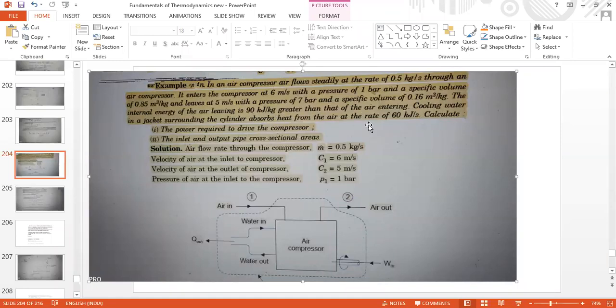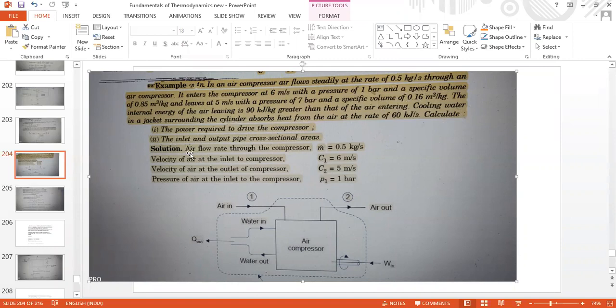And cooling water in a jacket surrounding the cylinder absorbs heat from the air at the rate of 60 kilojoule per second. That means the compressor is rejecting heat, and that is absorbed by cooling water. So heat rejection is 60 kilojoule per second or 60 kilowatt.